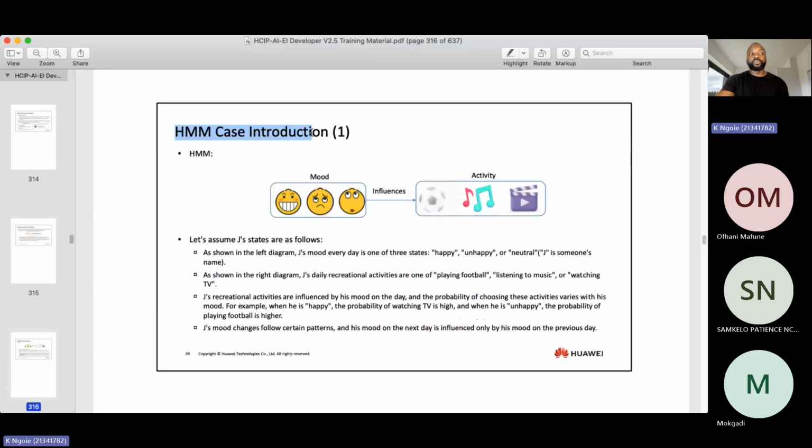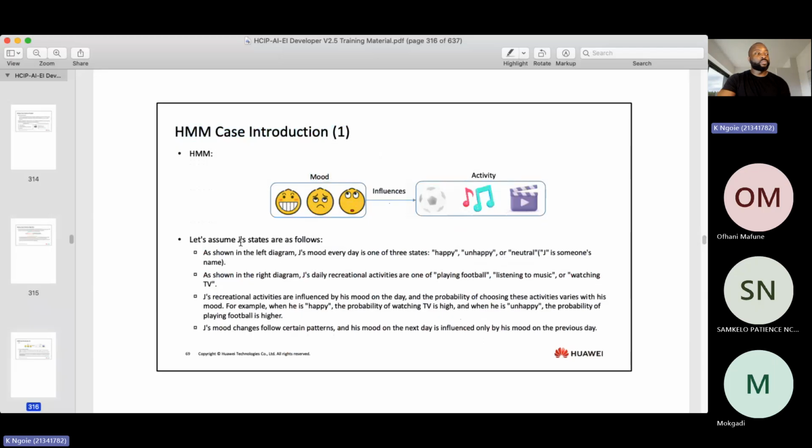This algorithm can look at certain data. Let's say we have data about moods, which can influence activity. The mood can influence whether you want to play soccer, listen to music, or watch a movie.